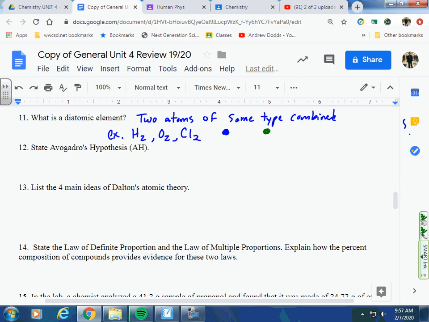Hey, this is just a green element. Hey, this is just a red element. But there are certain elements that don't exist as just one atom. They're actually two atoms stuck together, like H2 or O2 or Cl2 or F2 or N2 or Br2 or I2.